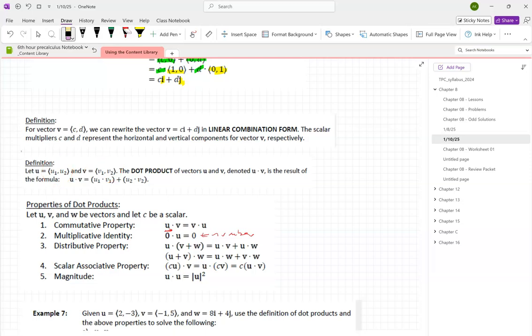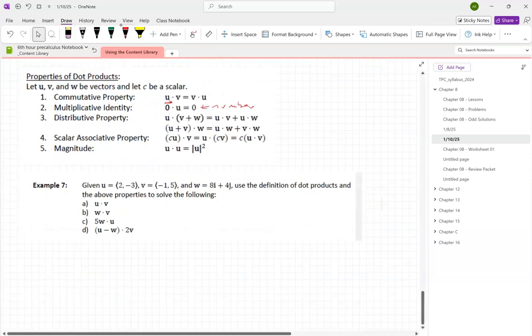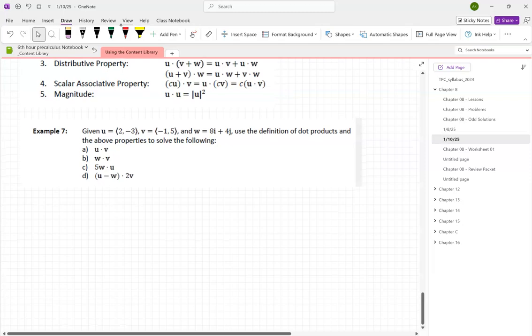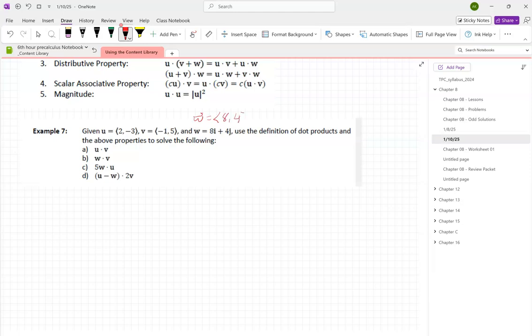So the first thing I'm going to want to do is to rewrite vector w as a vector in component form. Well, that's really easy. The i coefficient is my x component, and the j coefficient is my y component. I'm done. No biggie.